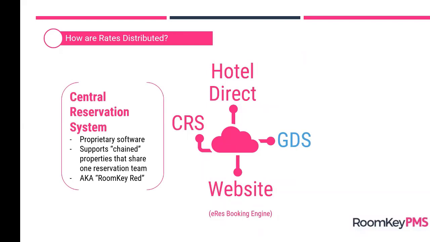This is actually proprietary software created by RoomKey, similar to the ERES booking engine. So the RoomKey CRS is proprietary software that supports our chained or affiliated properties and allows them to share a single reservation system.